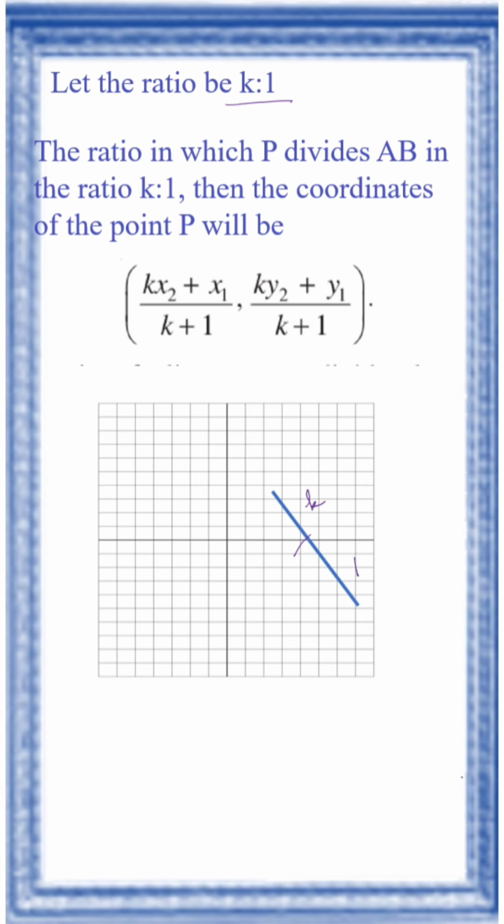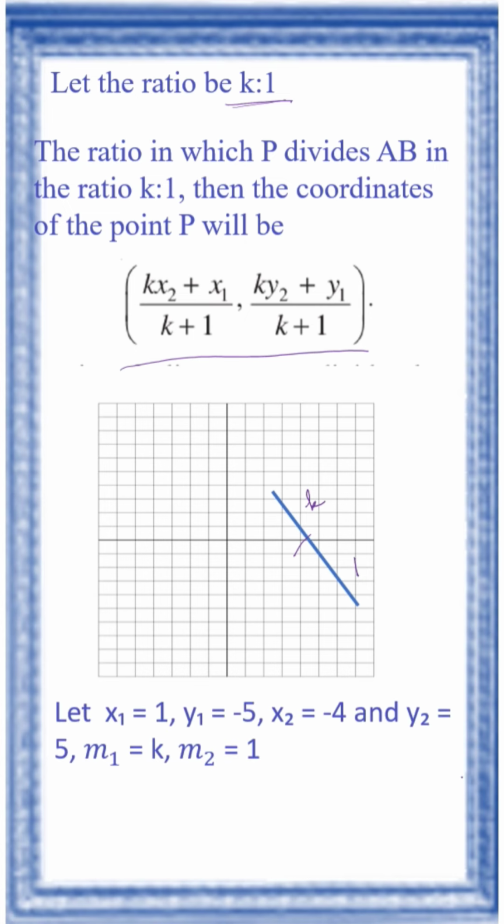Okay, let us come to that point later. This is also the section formula. When the ratio is k is to 1, we can put the values. Here x1 is equal to 1, y1 is equal to negative 5, x2 is negative 4, and y2 is 5.